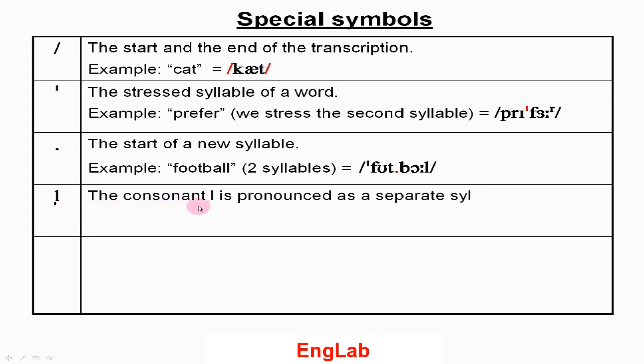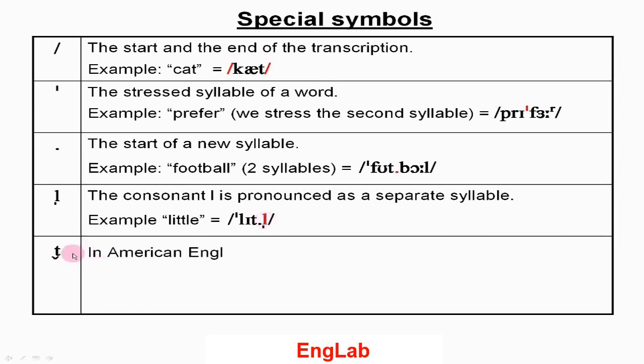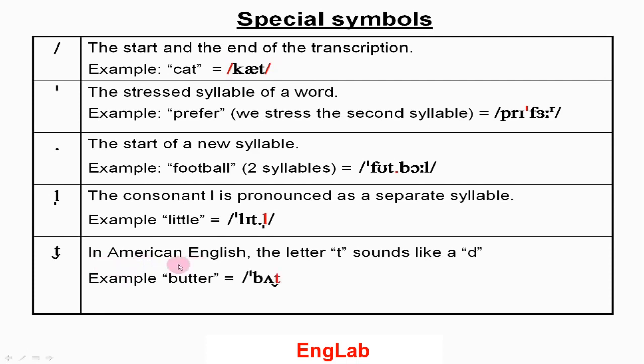And this symbol shows that the consonant L is pronounced as a separate syllable. Example, in the word little, the L sound is in fact a new syllable. So use the symbol, okay? Little. And this symbol is exclusively used in American English, okay?